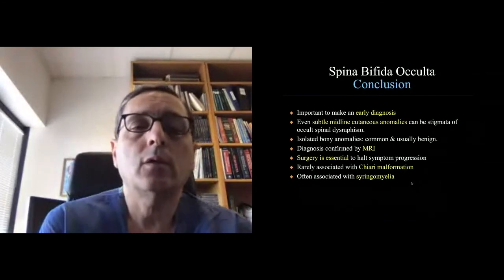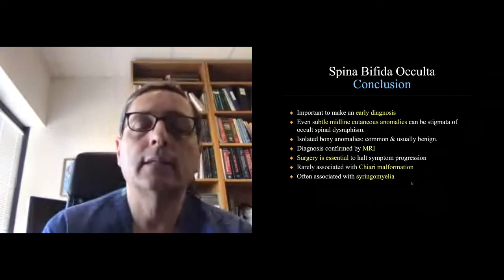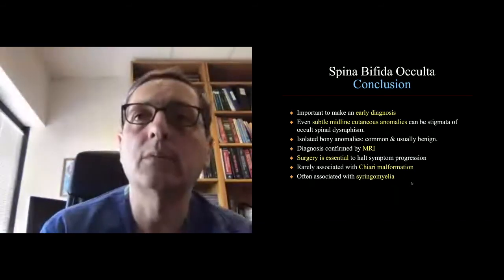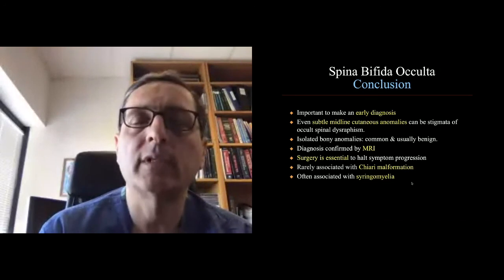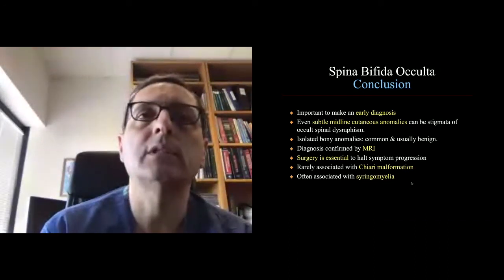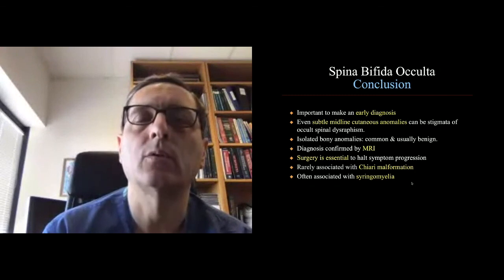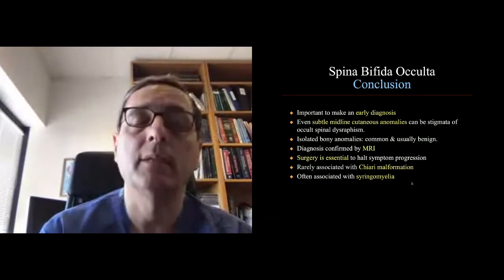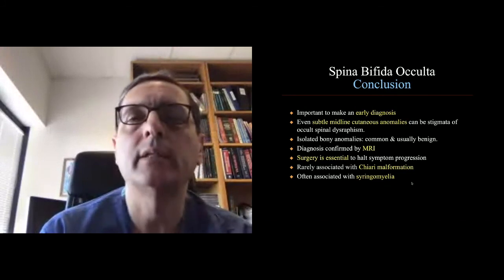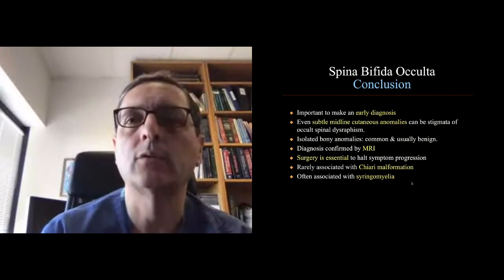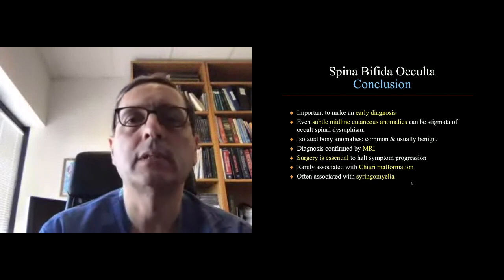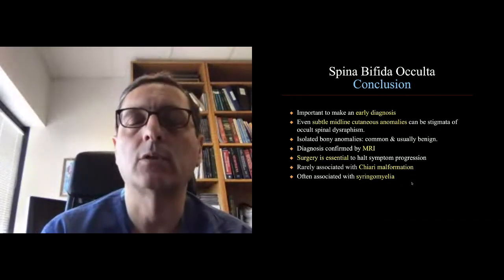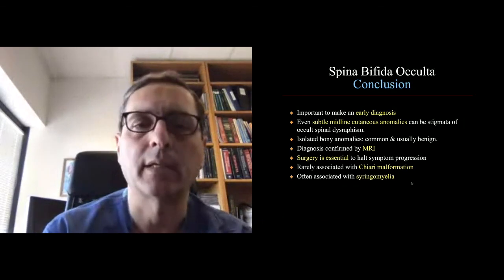So the conclusion is that it's important to make an early diagnosis and an early treatment. There is, however, the caveat that there are controversies because not all of these tethered cord syndromes have the same natural history. Some may be more benign than others, and this is why if you ask around, you might find places that don't operate on tethered cord syndrome patients unless they become symptomatic.